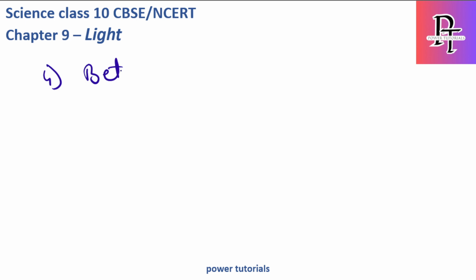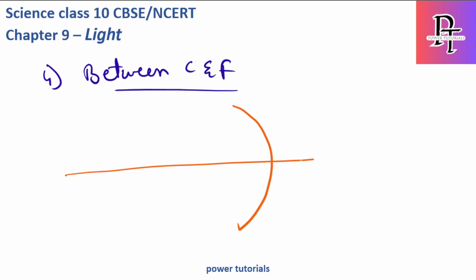If the object is between C and F. Okay, again let's draw the diagram. So concave mirror, principal axis, this should be the rough surface, then we have center, then we have focus, we also have pole.